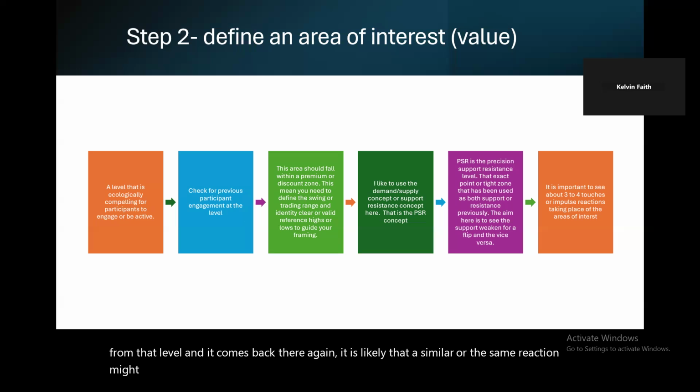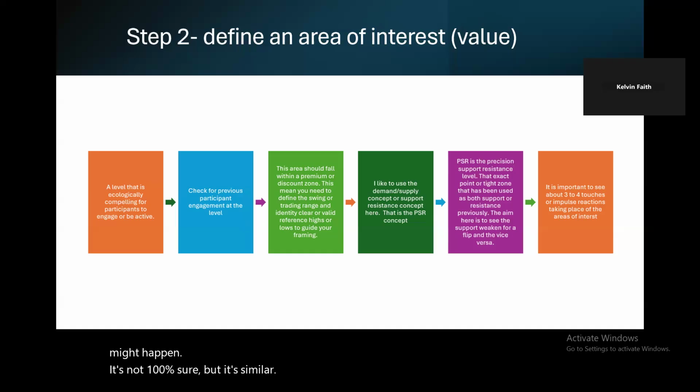It's not 100% sure, but it's similar. So you must check that in the past, participants have engaged at that level that you find to be psychologically compelling. Then this area should be within a premium or discount zone.